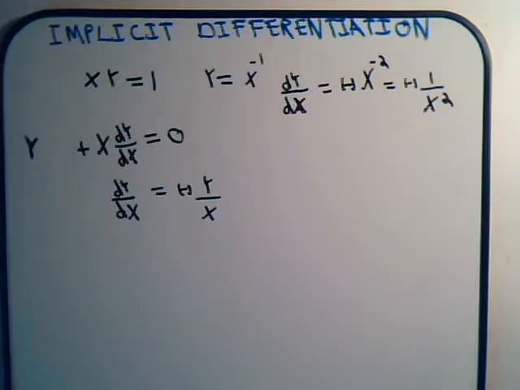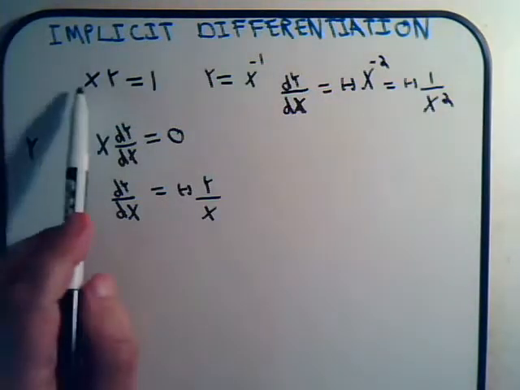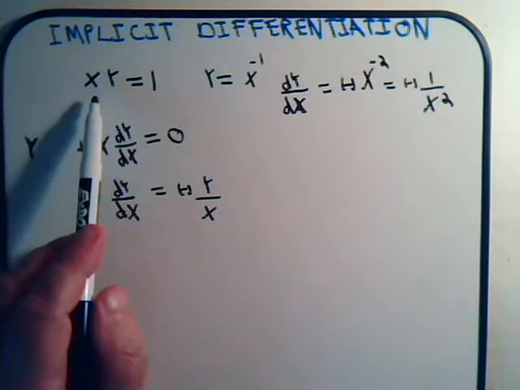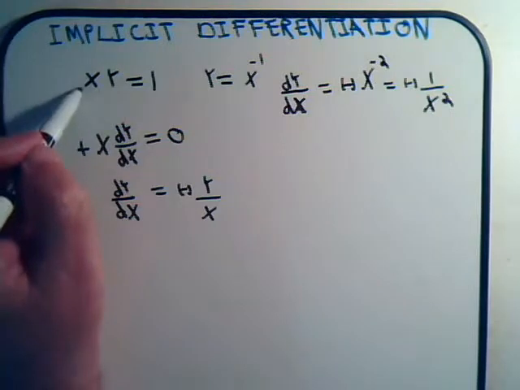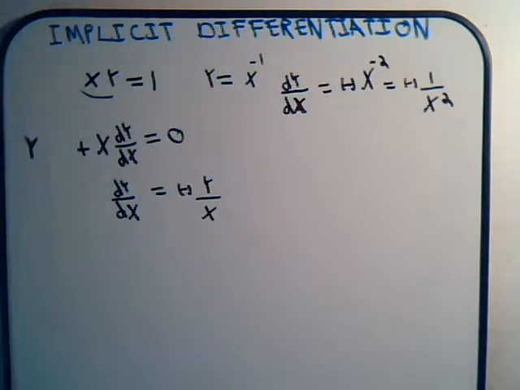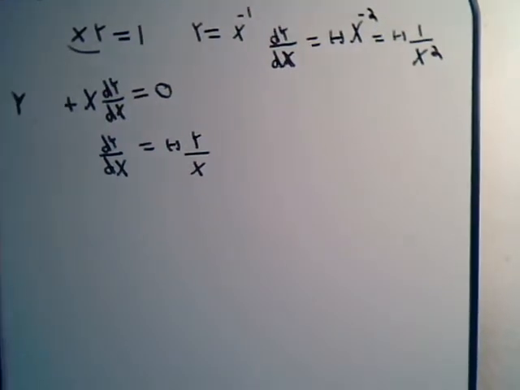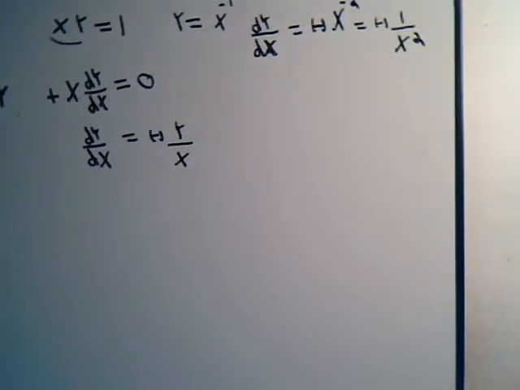What we wanted to do, though, was take a simple example as to how we can use implicit differentiation when we have the product of two variables. So, with that in mind, let's take a more complicated example.